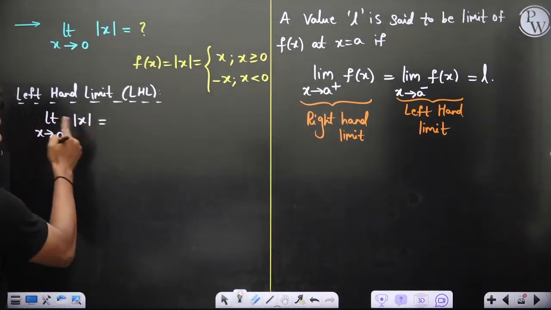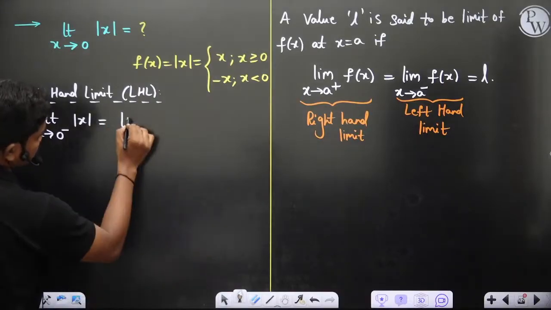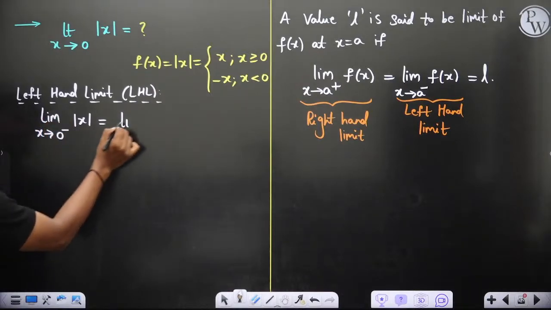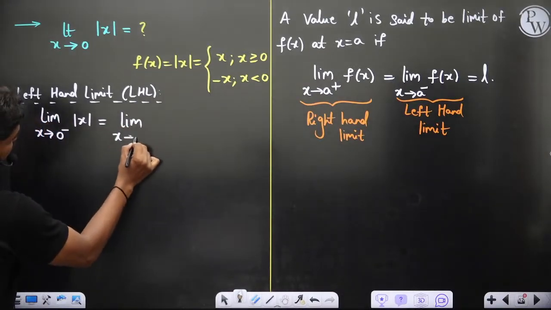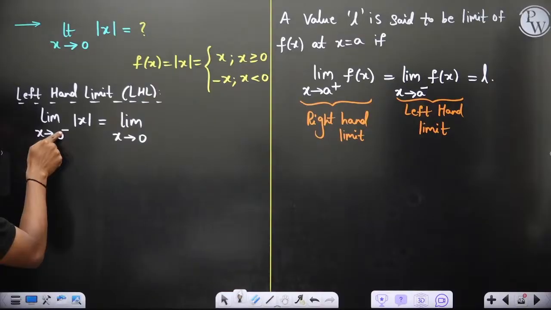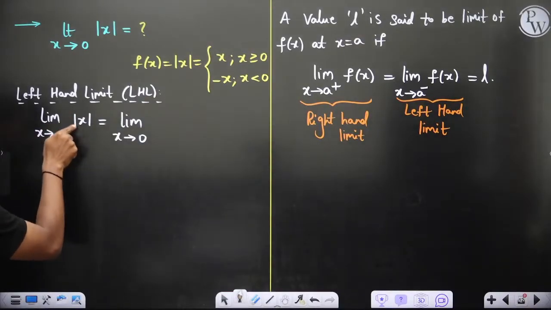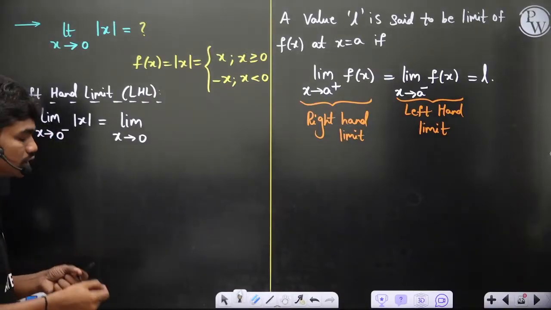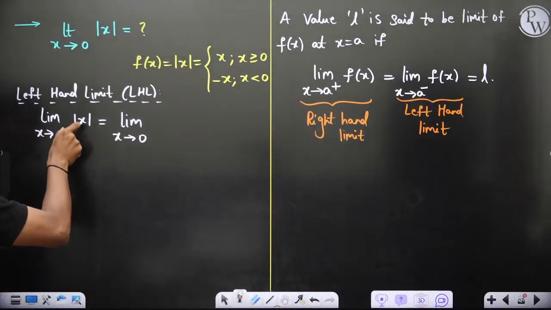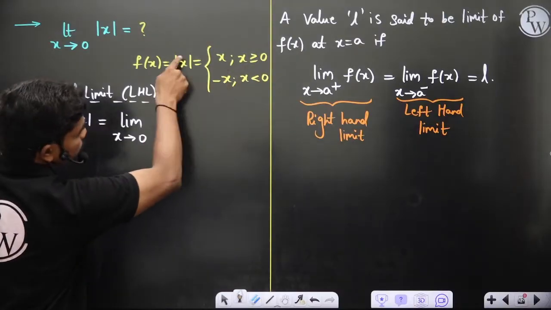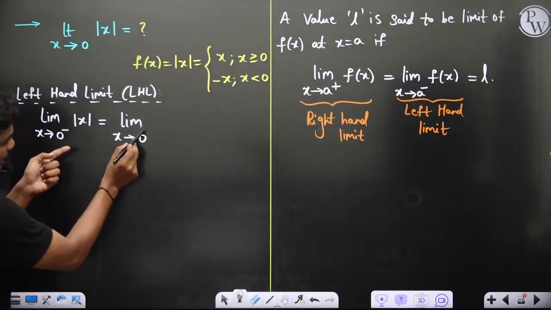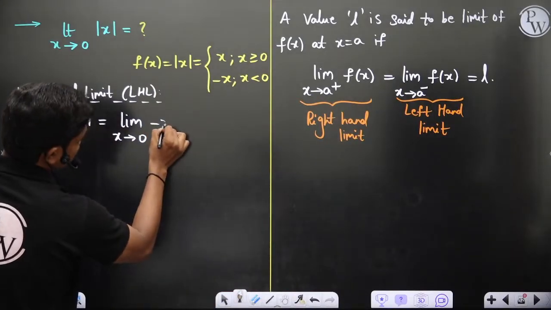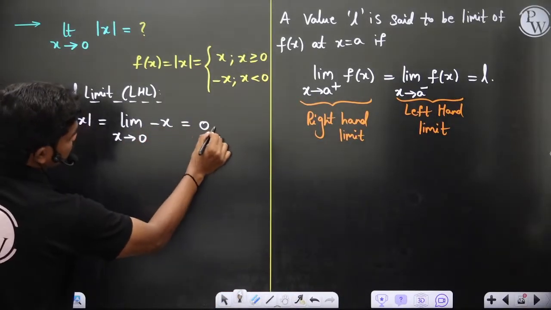Now we will remove this minus sign depending on how we modify this function. If x is less than 0, then mod x is equal to minus x, correct? So I can keep minus x. Now when you put x equal to 0, this value is 0.